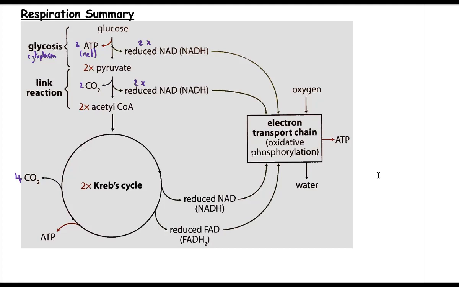We also get 2 ATP produced by substrate level phosphorylation, and we also get 6 molecules of reduced NAD and 2 molecules of reduced FAD. So altogether we have got 10 molecules of reduced NAD: 2 from glycolysis, 2 from link, and 6 from there.